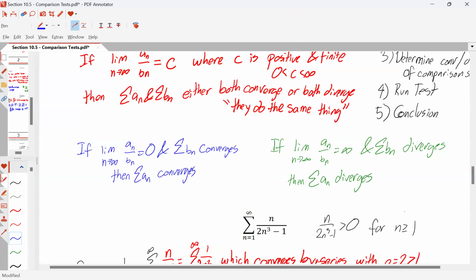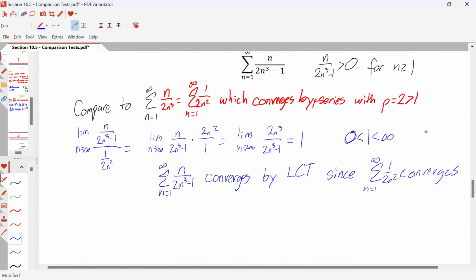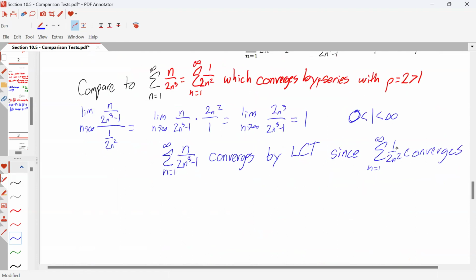If we get a limit of infinity and the series we're comparing to diverges, then it's divergent. We got a limit of infinity, and we were comparing to 1 over n, which diverged. So we have all the properties of our special case. We have a limit of infinity and a comparison series that's diverging. Since we have both properties we want, we can still make a conclusion.